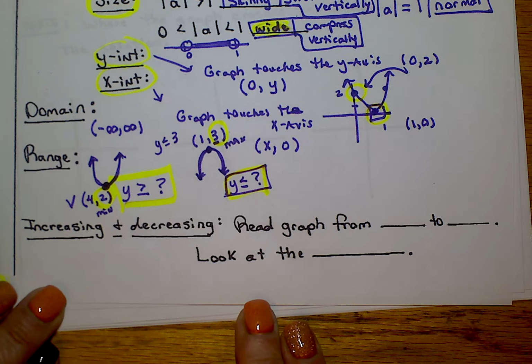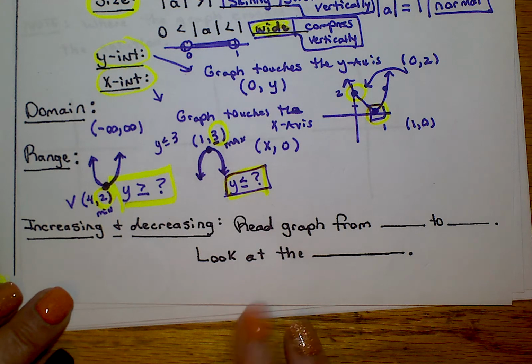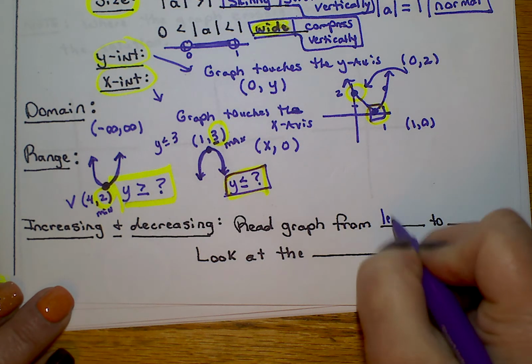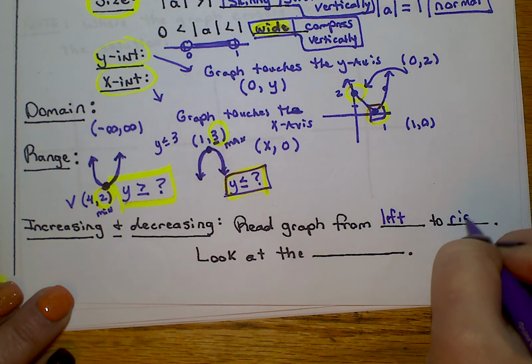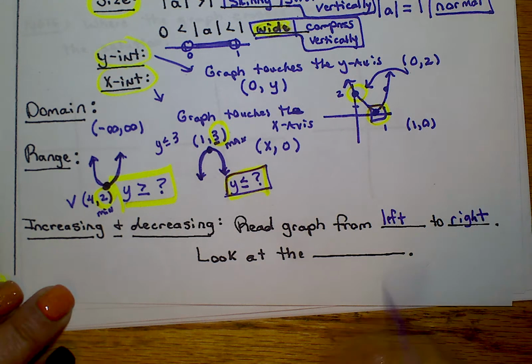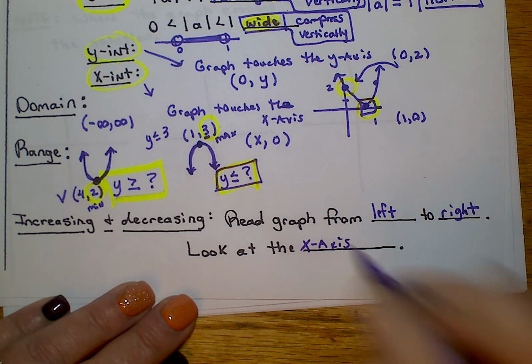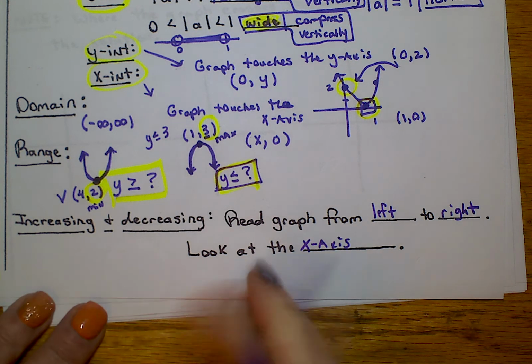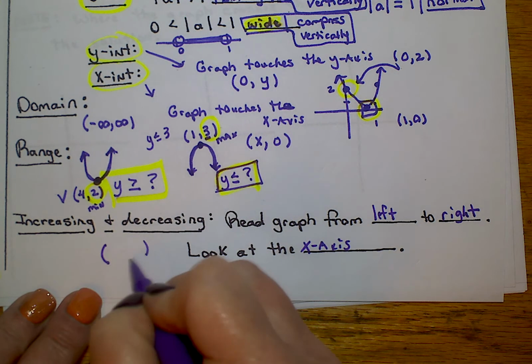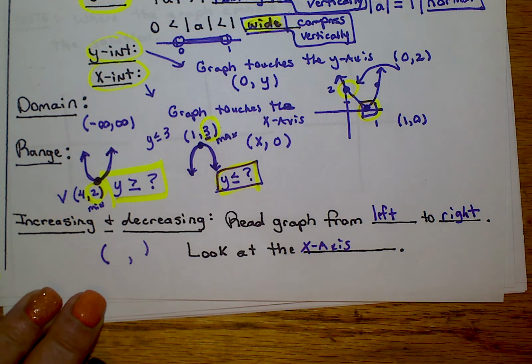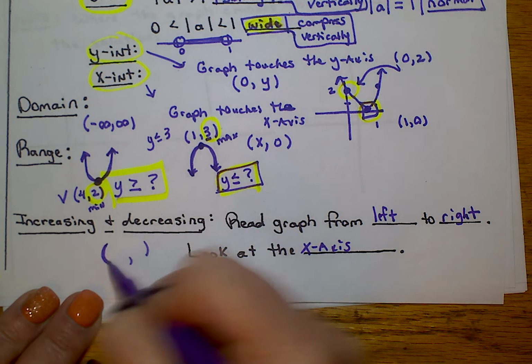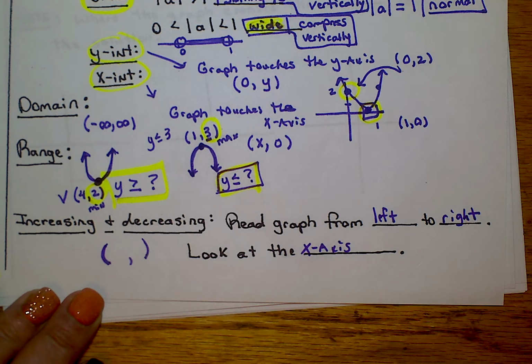Okay, remember with the increasing and decreasing intervals, you're going to read the graph from left to right and look at your x-axis. Remember that increasing and decreasing intervals are always going to be open. So make sure you remember you don't bracket those.